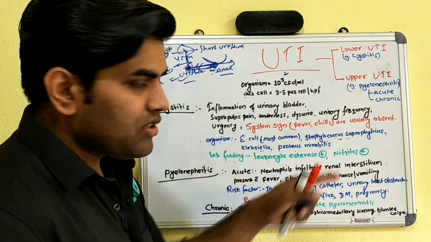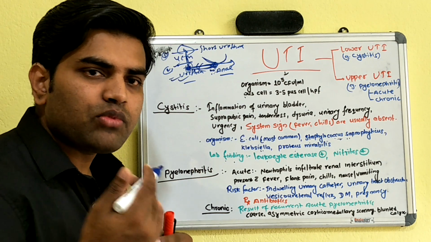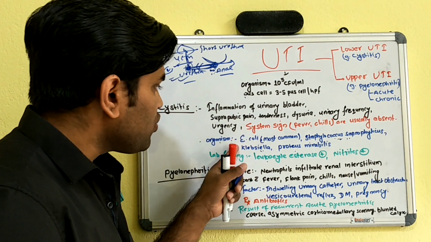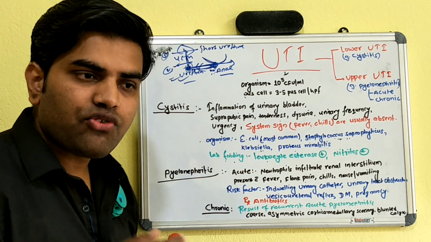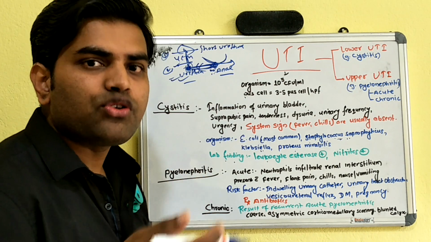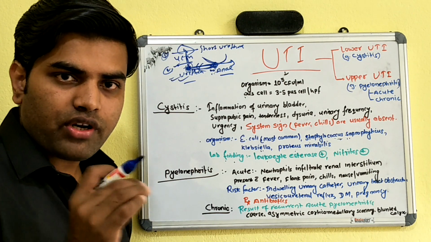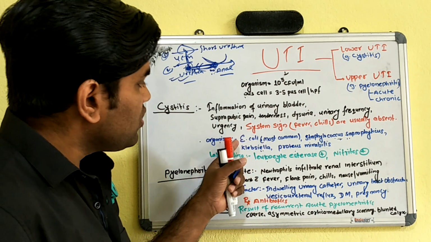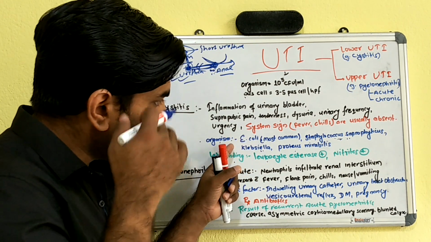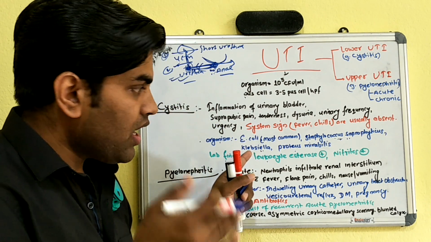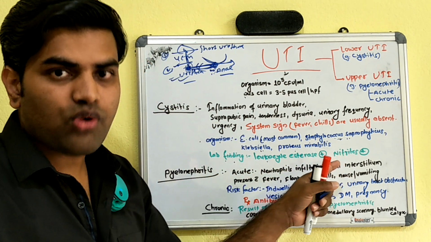Okay, even nitrites. If you remember, these Enterobacteriaceae organisms are responsible for breaking down nitrates into nitrites. Nitrates are normally found in your urine, and if these organisms are present, they will break down that nitrate and convert it into nitrite, so nitrates into nitrites.